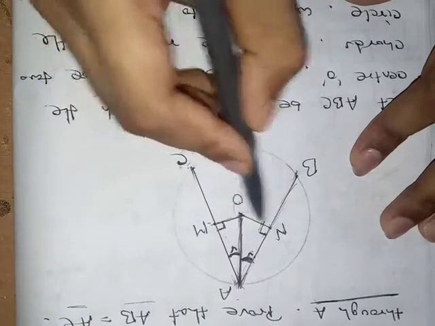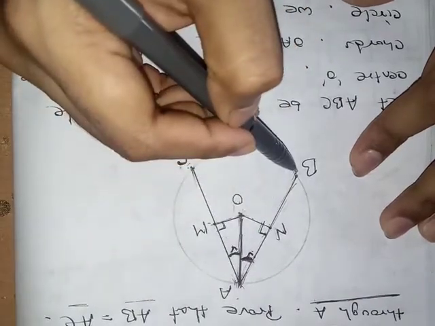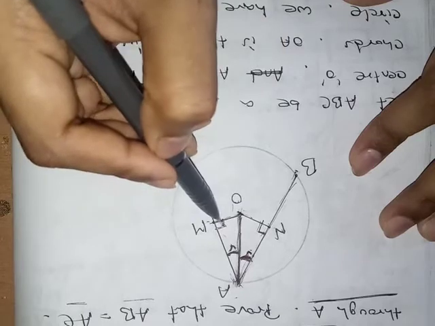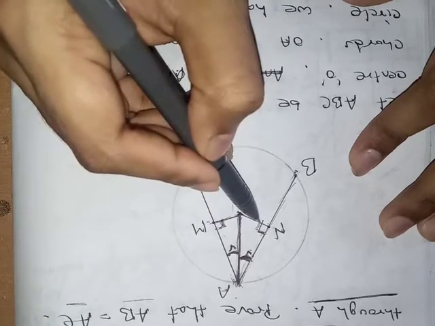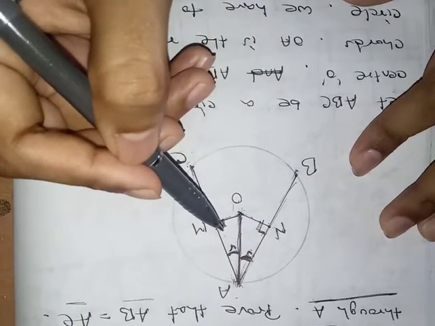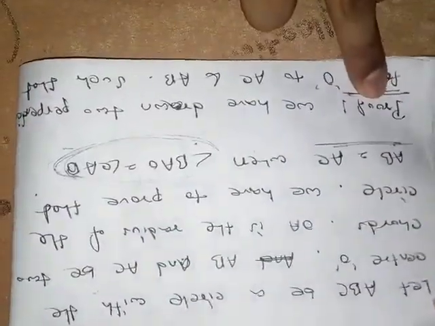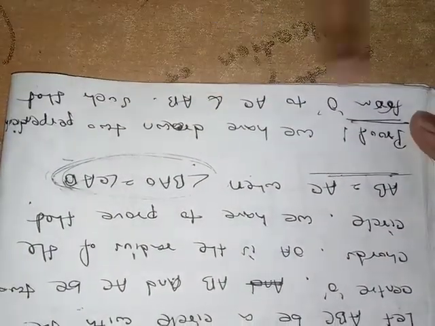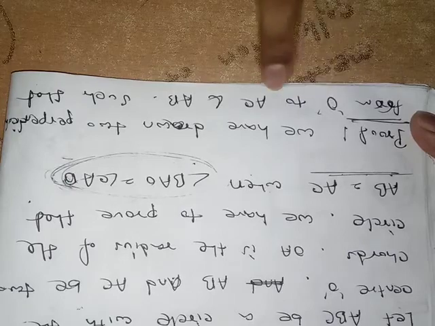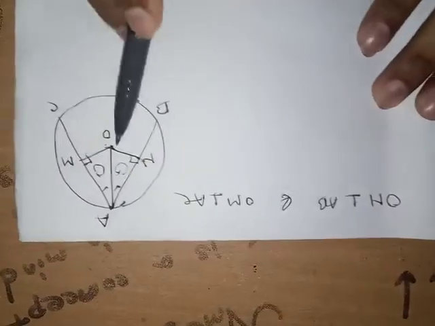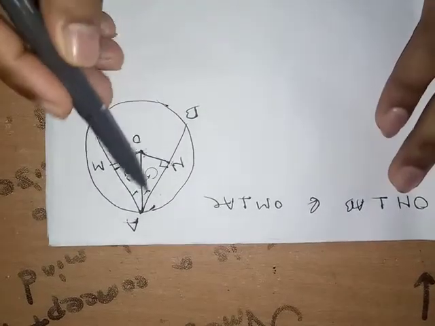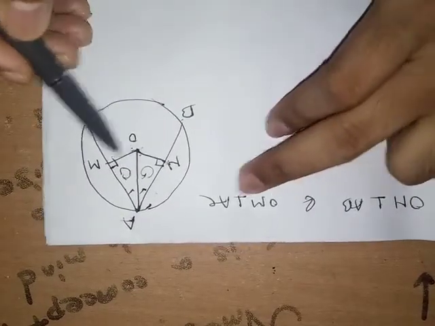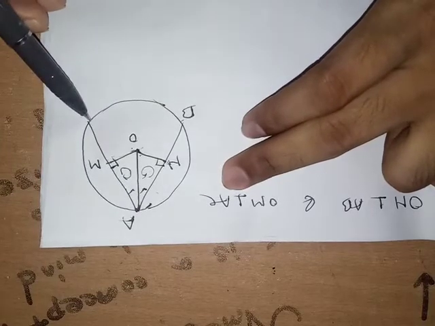That means ON is perpendicular to AB. So this angle is equal to 90 degrees, and this angle is also 90 degrees. In the proof, we have drawn two perpendiculars from O to AC and AB, so that ON is perpendicular to AB and OM is perpendicular to AC.